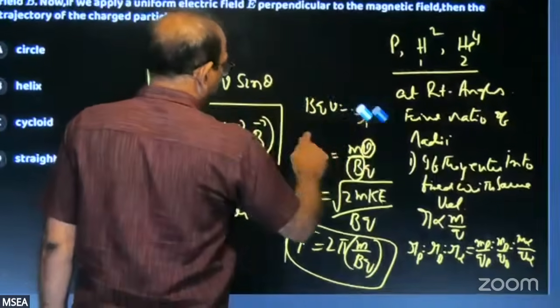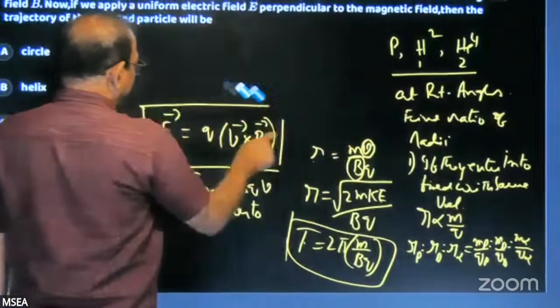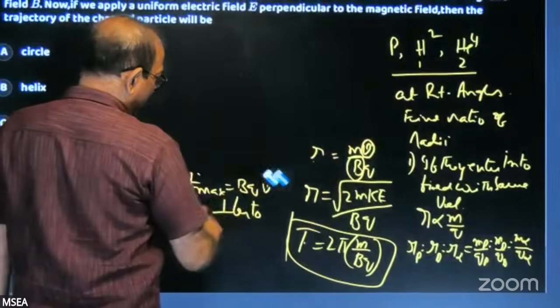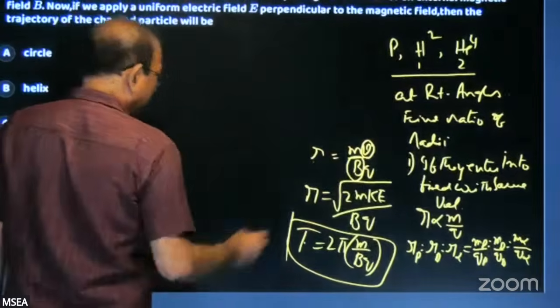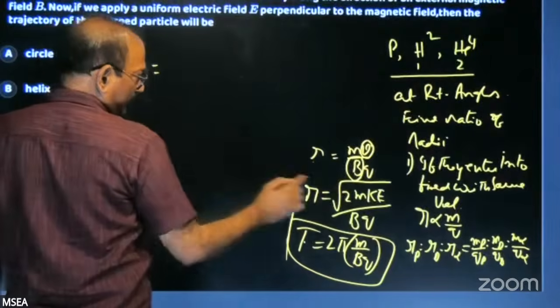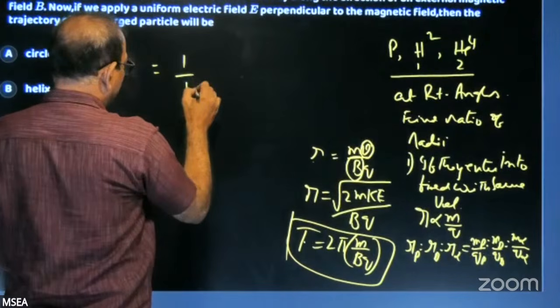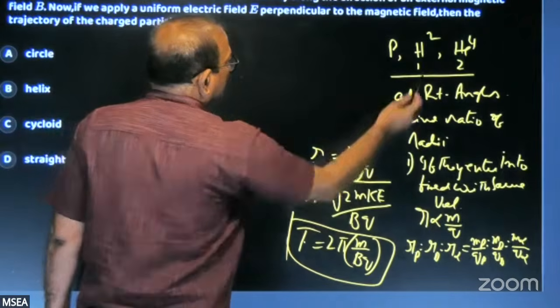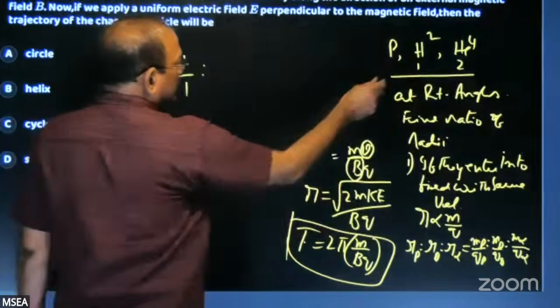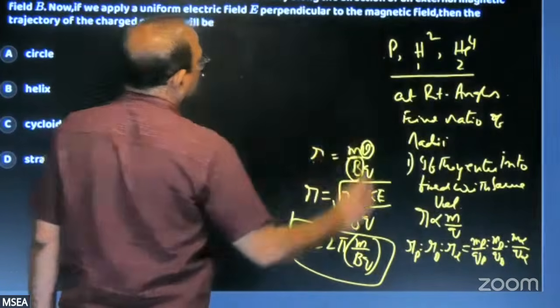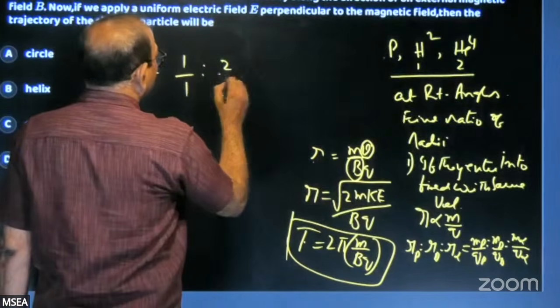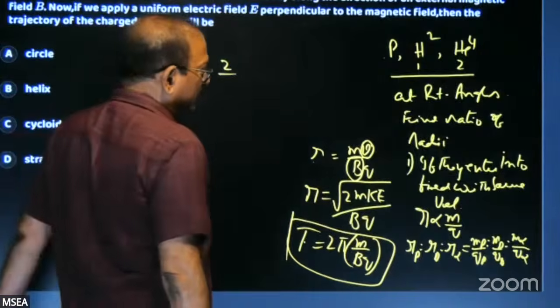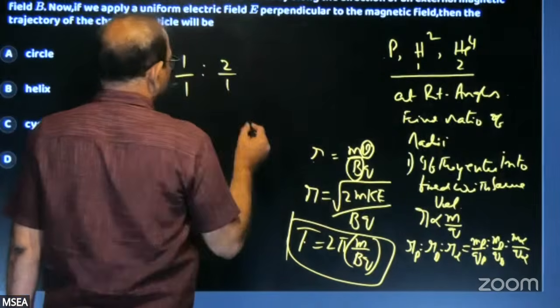Take proton mass 1 and proton charge 1, since only the ratio matters. Deuterium, the second particle, has mass 2 times the mass of the proton, but its charge is the same as the proton charge.